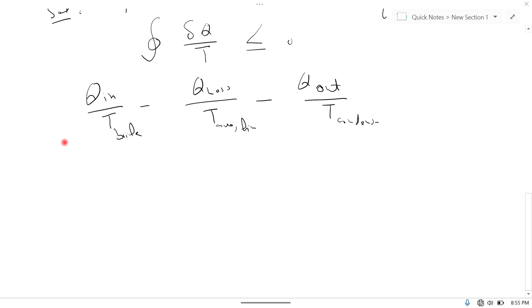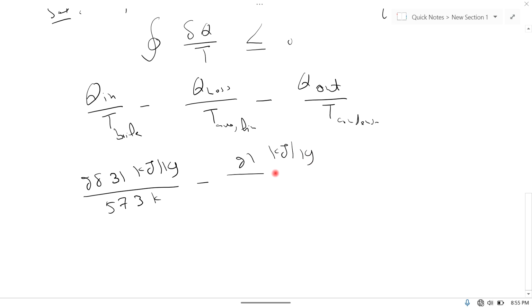So Qn is given in the example. This is 2831 kilojoule per kg, the temperature of the boiler is 573 Kelvin, minus Q loss of 21 kilojoule per kilogram, T average of the line is 568, this is our assumption, minus the heat rejected in the condenser, 2173.3 kilojoule per kilogram, divided by the temperature of 318 Kelvin.